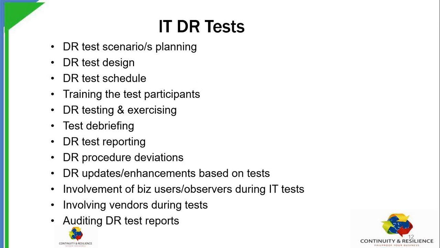And most companies do not perform the test with the vendors. So this is very critical, and you can look at whether you can perform the test along with the vendors. And then auditing the test reports. When you're performing audits, are you looking at the test reports as well?